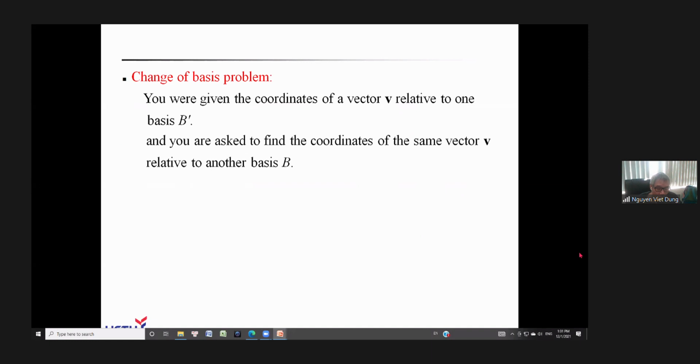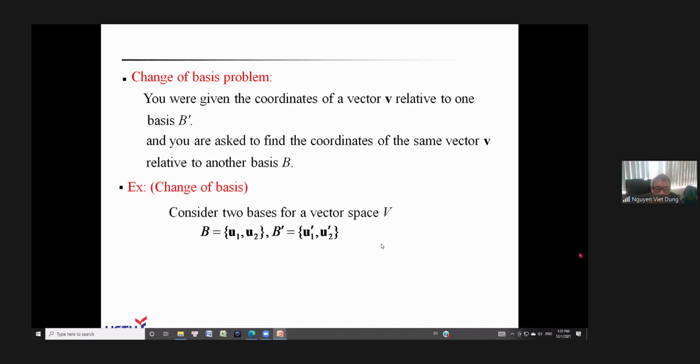The easiest case. Now we consider an example. We consider a space of dimension two, which means we have two different bases. B consisting of U1, U2, and B prime consisting of U1 prime, U2 prime.